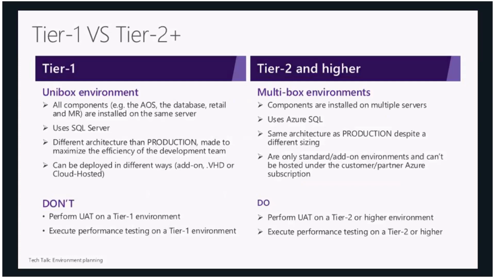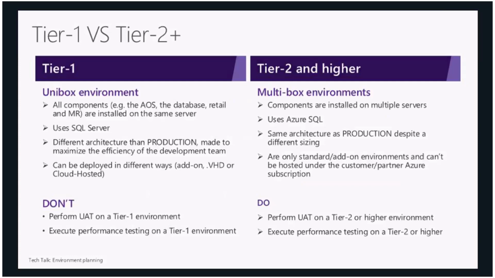It means that all the different components that make up our solution, the OS, the database, retail, Management Reporter, and the other services, are all installed on the same machine, on the same server. The other thing is that we're using SQL Server on the Tier 1 environments, and this specific architecture is very different from production. It's made to maximize the efficiency for the developers.